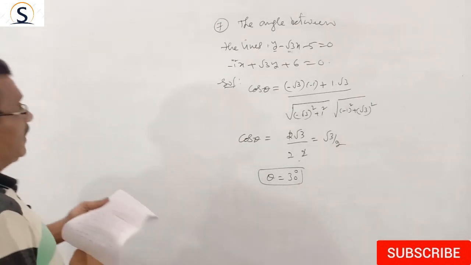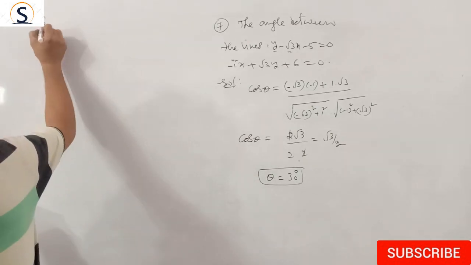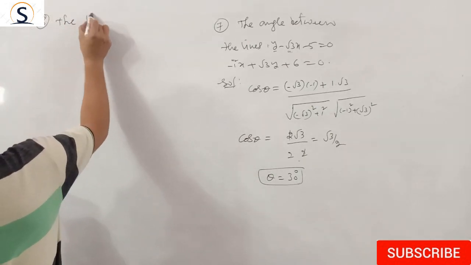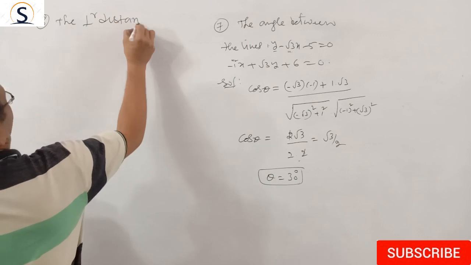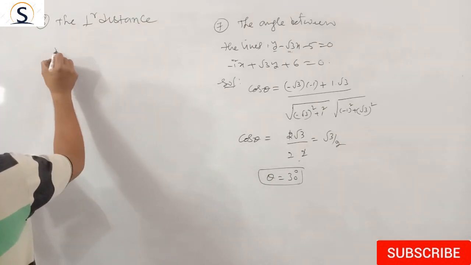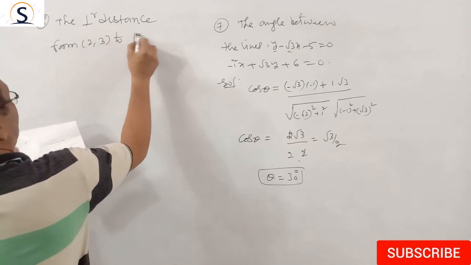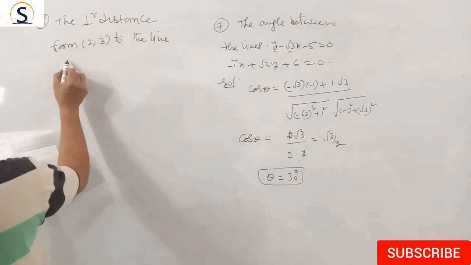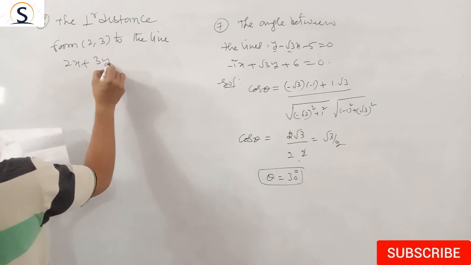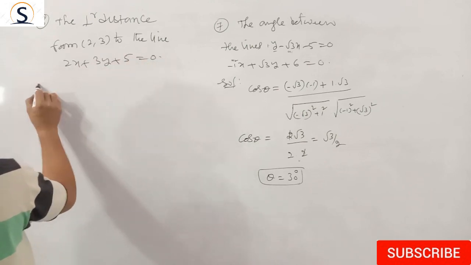Next, in the next problem, it is the perpendicular distance from 2, 3 to the line 2x plus 3y plus 5 is equal to 0.